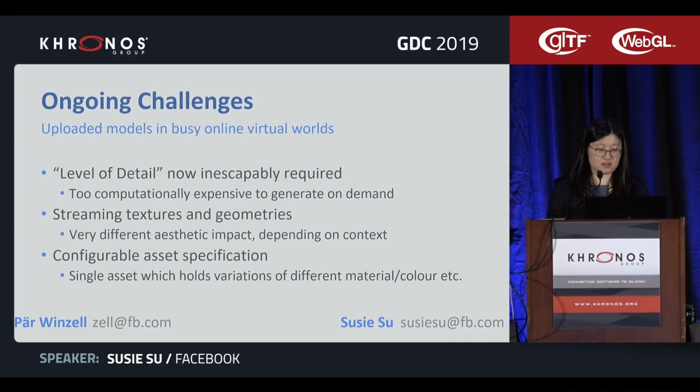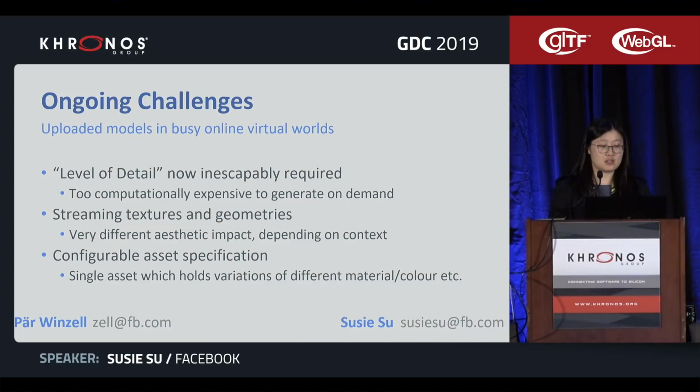We have some ongoing challenges. The first one is more like the format, the glTF specification requirement. Especially in a commercial product model, for a sofa, it can have different colors, it can be leather or fabric, right?